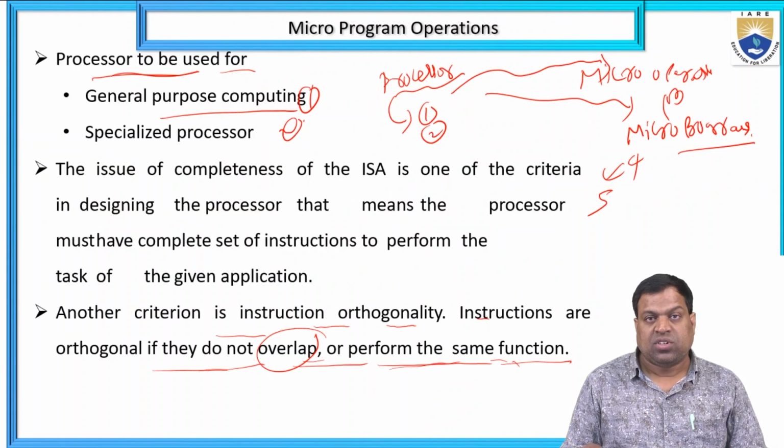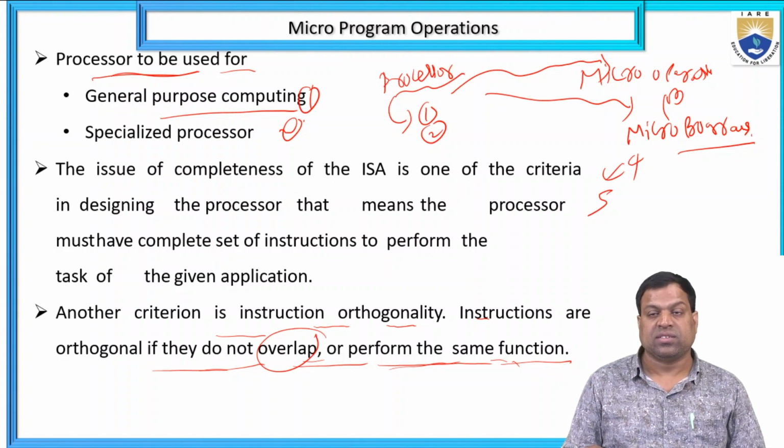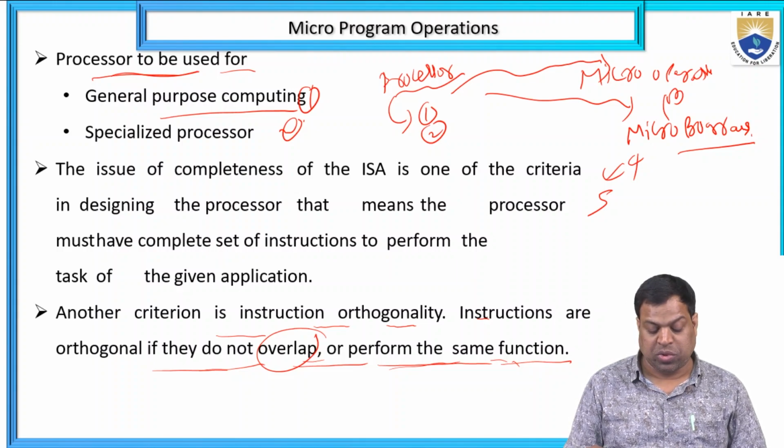A processor can be used for general purpose computing or as a specialized processor, and the issue of completeness of the ISA is one of the criteria in designing the processor. That means the processor must have a complete set of instructions to perform the task of the given application.